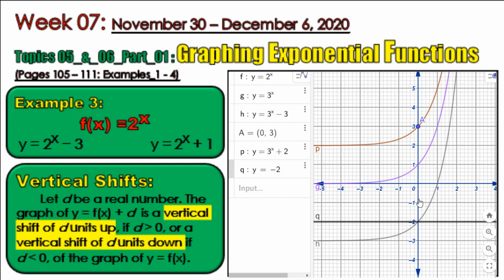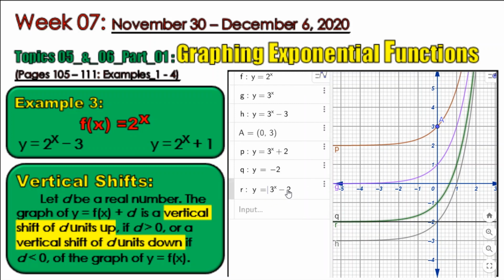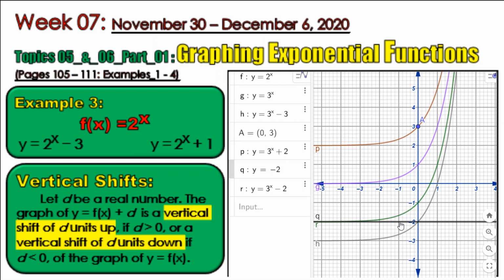Okay, so for the horizontal asymptote, our function could be y is equal to 3 raised to x, and then we have minus 2. So this is the function whose horizontal asymptote is y is equal to negative 2.